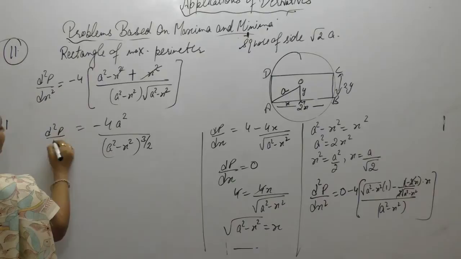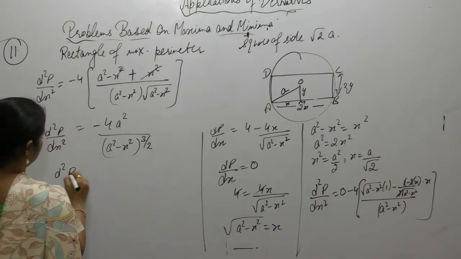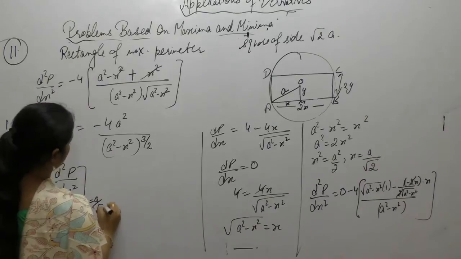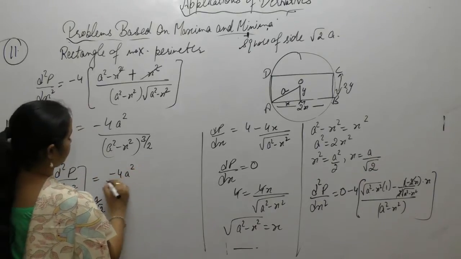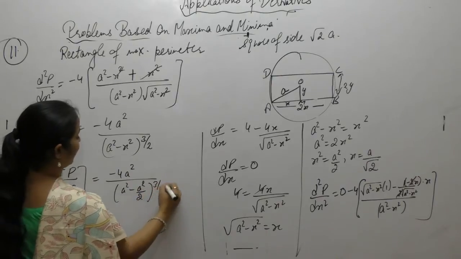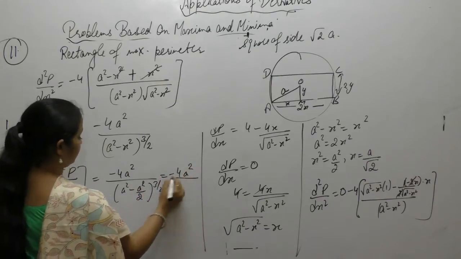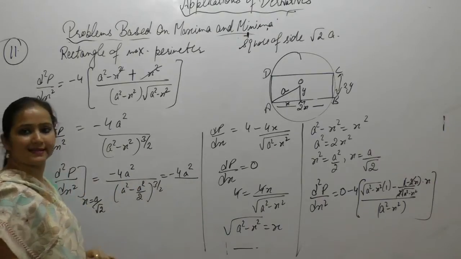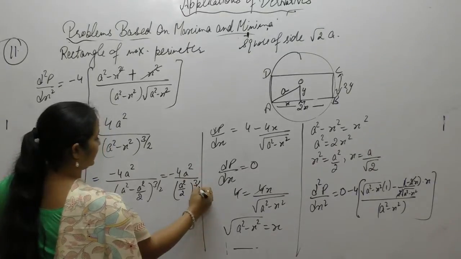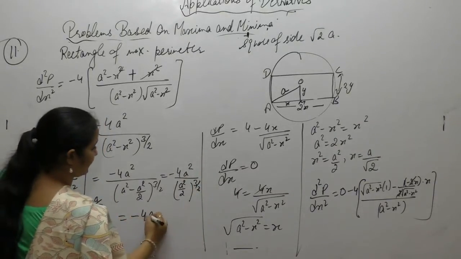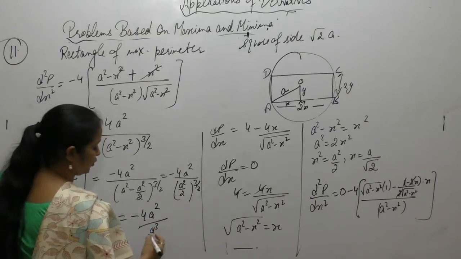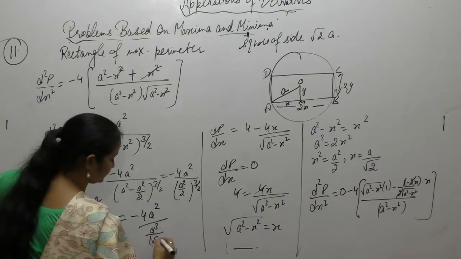Now find the derivative at the point x is equal to a upon root 2. a square upon 2 power 3 by 2. 2a square minus a square, a square by 2 power 3 by 2. So what we get? Minus 4a square, a cube. We can write 2 as root 2 square.